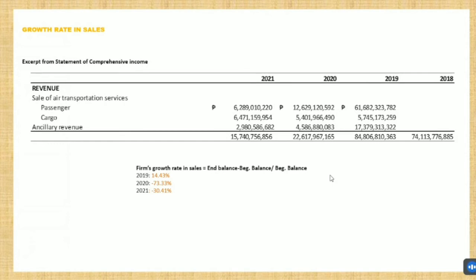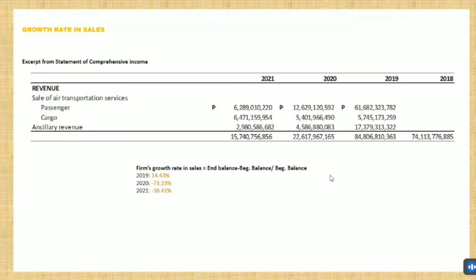From 2019, 14.43%, naging negative siya, may negative decrease siya na 73.33%, tapos nag-decrease ulit siya from 2020 to 2021 na 30.41%.